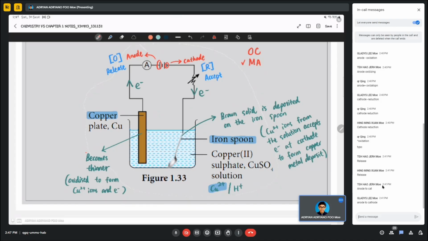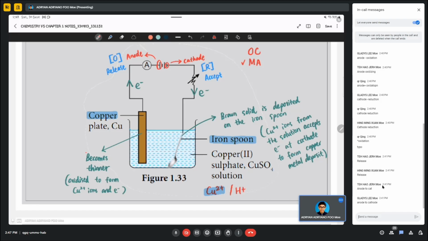Don't think water or H+ can plate onto the iron spoon; that's impossible. So we must mention selectively discharged for Cu2+. Now you may ask: Teacher, can I use a different solution besides copper 2 sulfate?